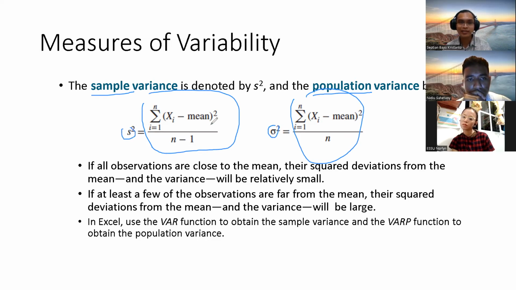We have S and we have sigma. Sigma refers to populations, S refers to samples. But they have relatively the same formula, the same calculations, but it may show a different score or different value because the population has a greater value than the sample.